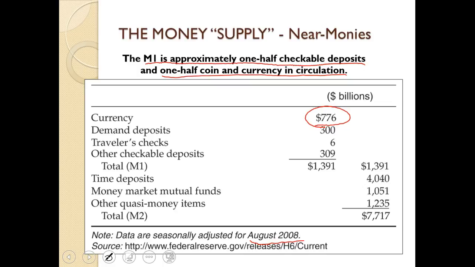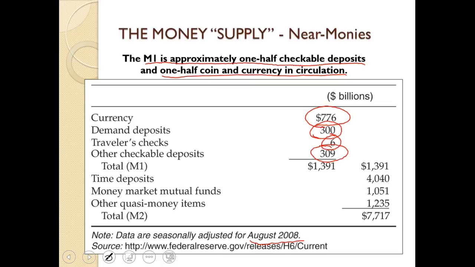That's your coins, your dollar bills, and those types of things. In demand deposits, that's your checking accounts, there was $300 billion. There was $600 billion in traveler's checks. And in other checkable deposits, there was $309 billion.